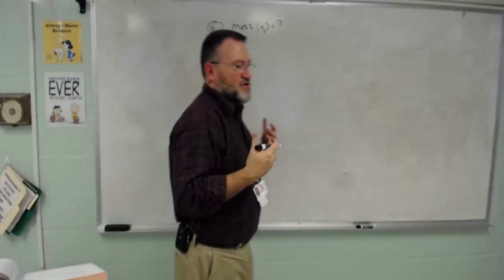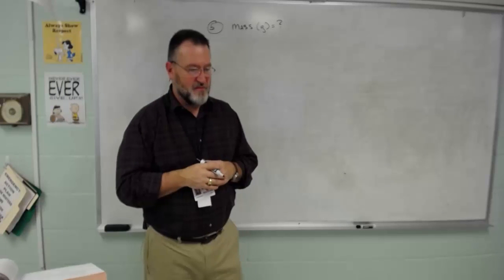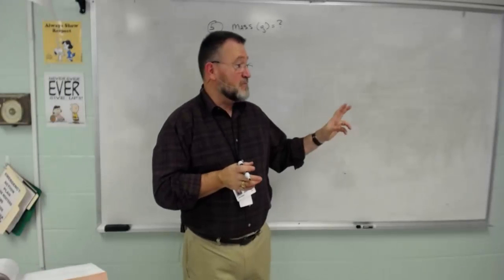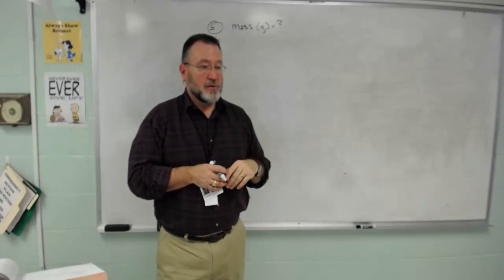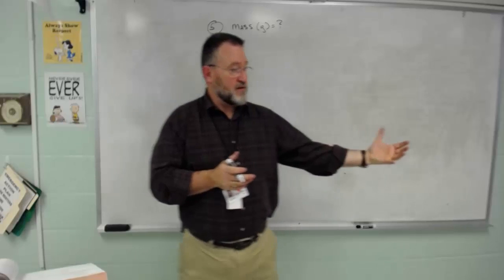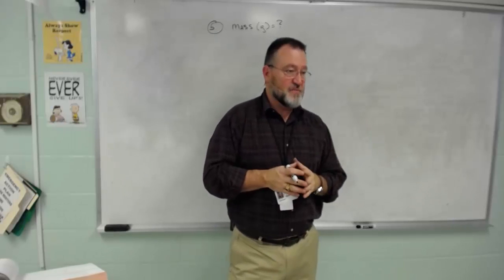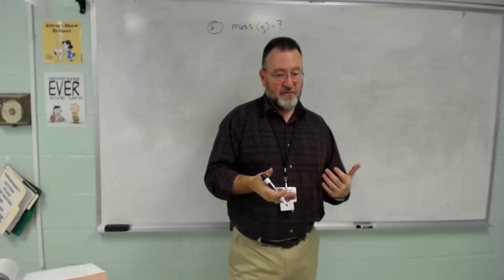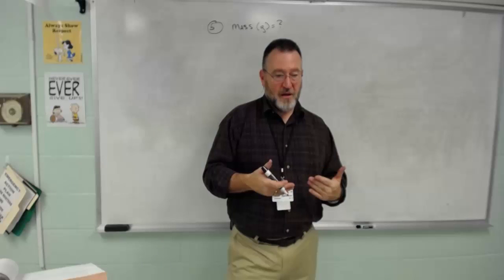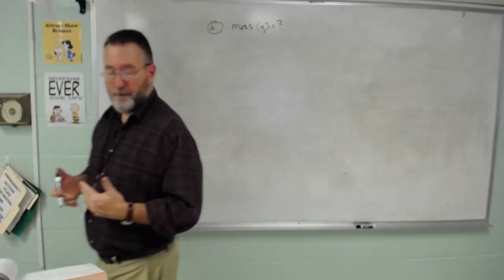So what is the first step in solving the problem? If we were looking at an atom, let's say lithium, we would go to the periodic table, we'd find the mass of an individual lithium atom. In this case, we're not asked for an atom, we're asked for a lithium carbonate molecule.